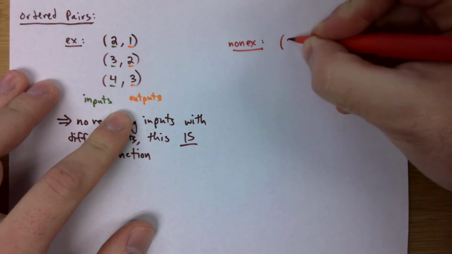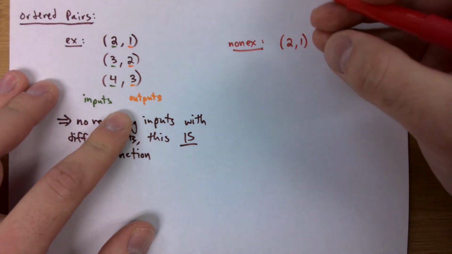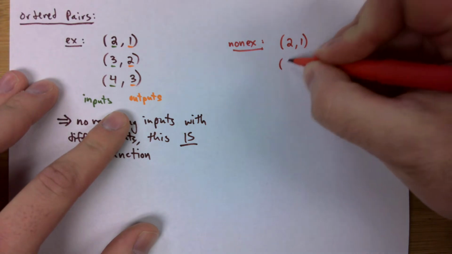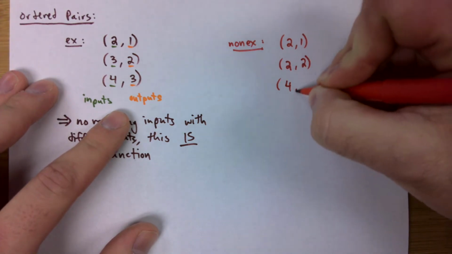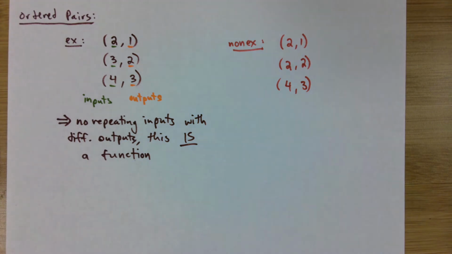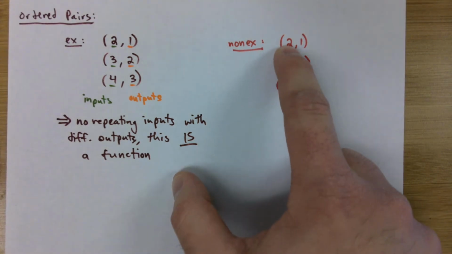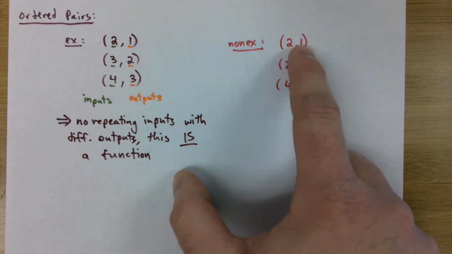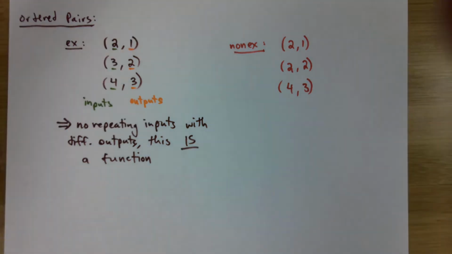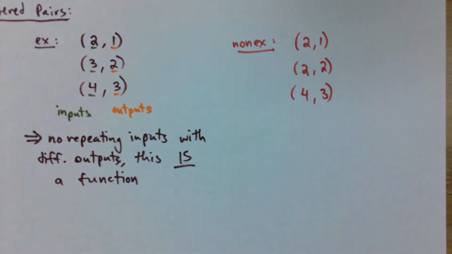If we have the ordered pairs 2, 1, we got 2, 2, and we got 4, 3. Now, what do we notice here that we don't want to have? Jordan? Repeating. Yeah, we got repeating inputs. We've got 2 of the same x value, right? 2 and 2. But those inputs gave us different outputs, right? We had the same input here of 2, but it gave us different outputs.